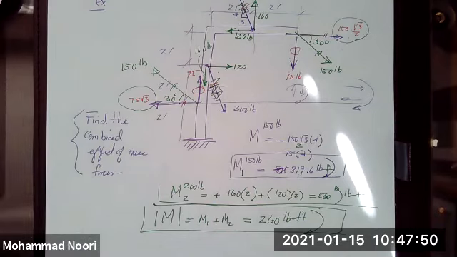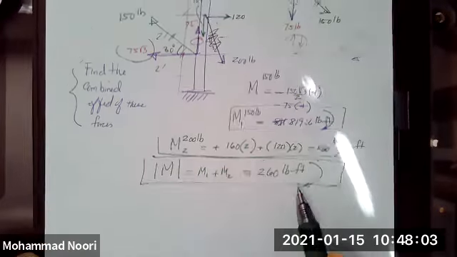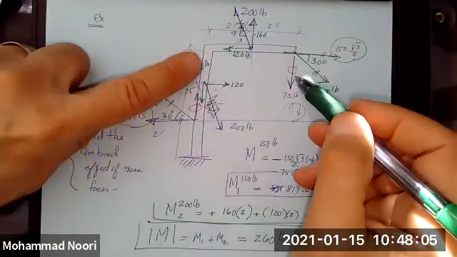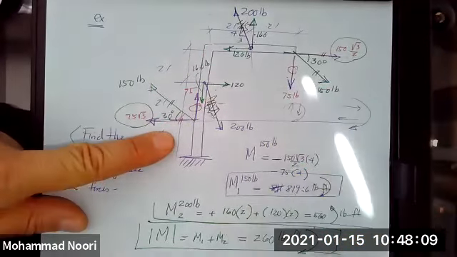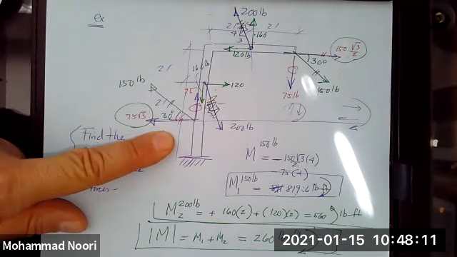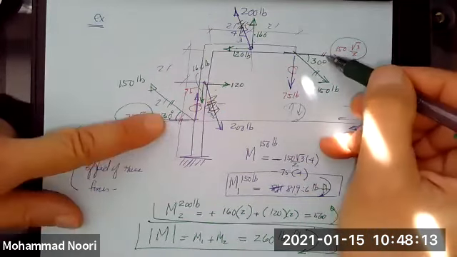If not, let me do yet another problem. Sorry, one question. How do you know that it's going to be in the counterclockwise direction when one was clockwise and the other counterclockwise for M1 and M2? See, let's look at these two.